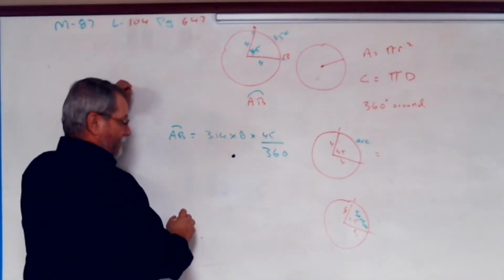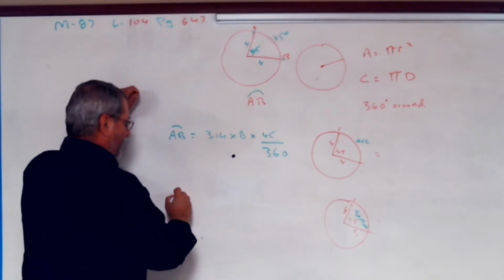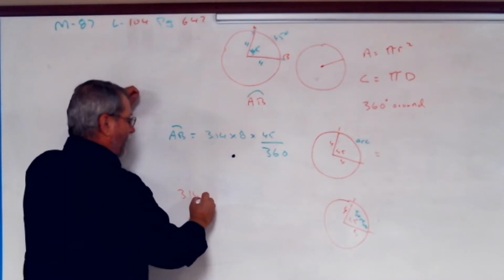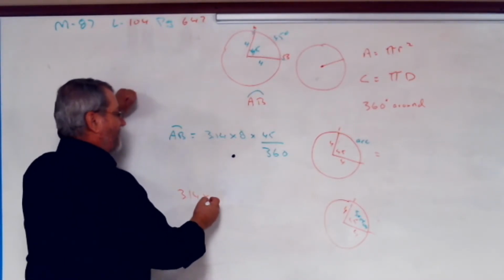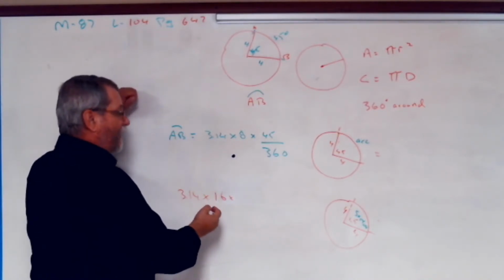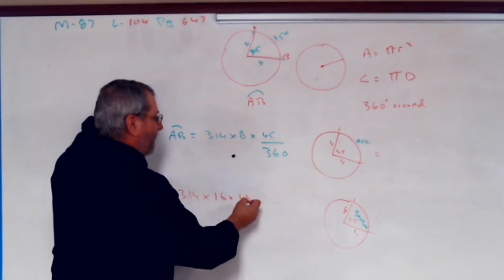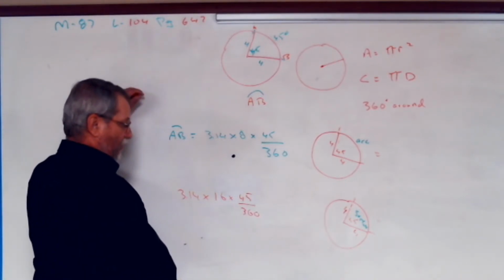So I find the area of the whole circle. That's pi, 3.14, times radius squared. The radius is 4. 4 squared is 16. But I don't want the entire circle. I only want, again, 45 degrees out of the whole circle.